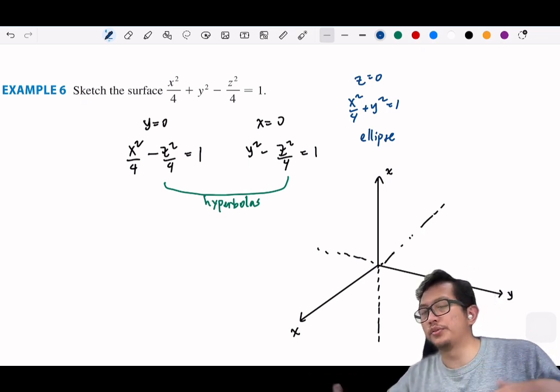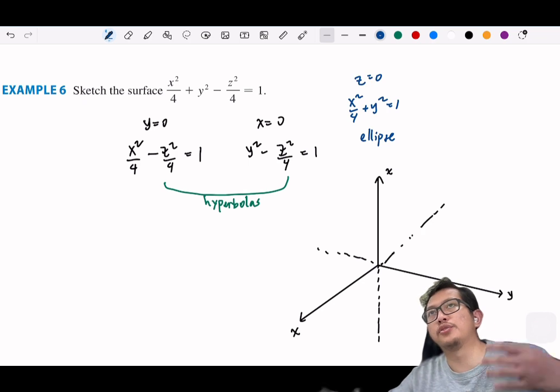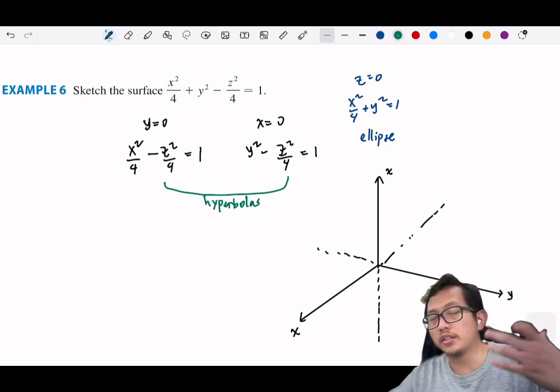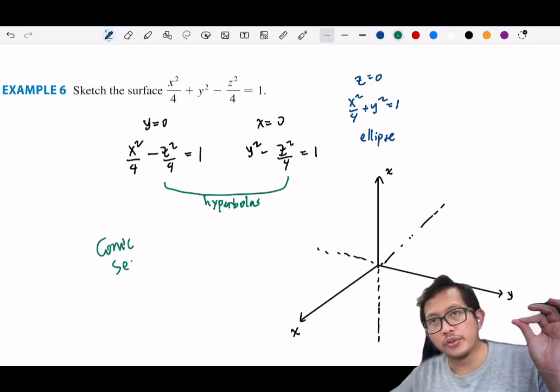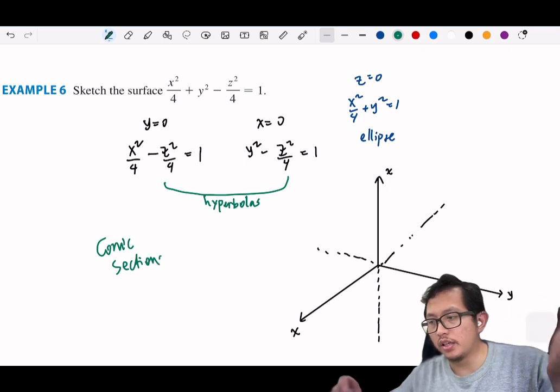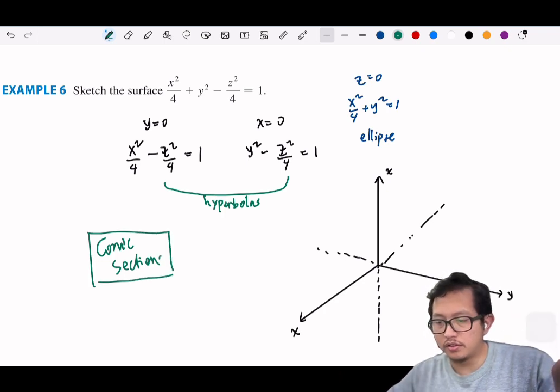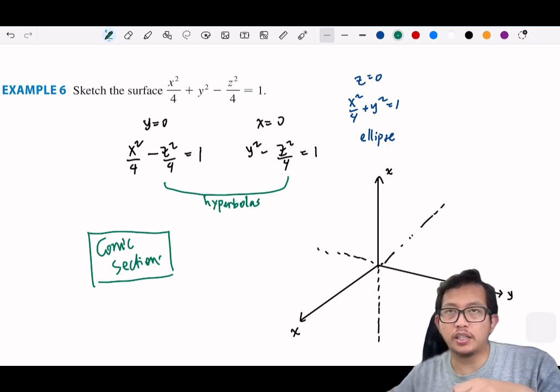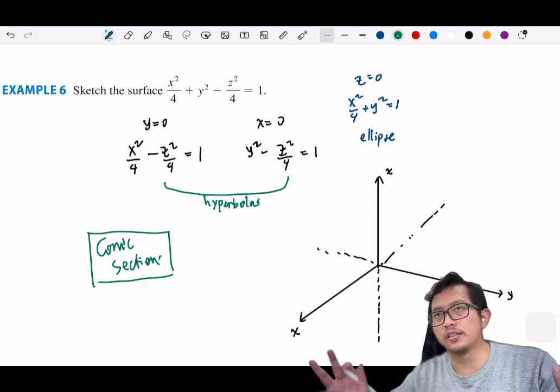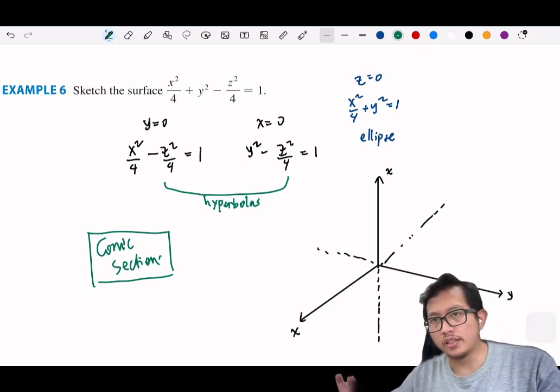So I think before getting to know more about the quadric surfaces, it's better for you to review a little bit about the conic sections. This is supposed to be in chapter 10. I skipped it because I assumed that everyone is quite familiar with conic sections.